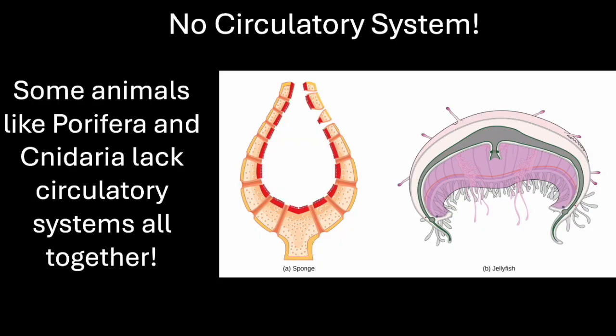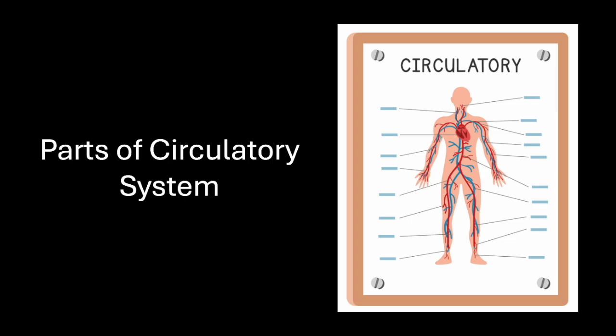And again, there are some that don't have circulatory systems. Porifera aren't alone on this one, as cnidarians also lack circulatory systems altogether. So we're just going to glance over the parts of the circulatory system. I should have filmed these as two things, but each part we're going to cover briefly.